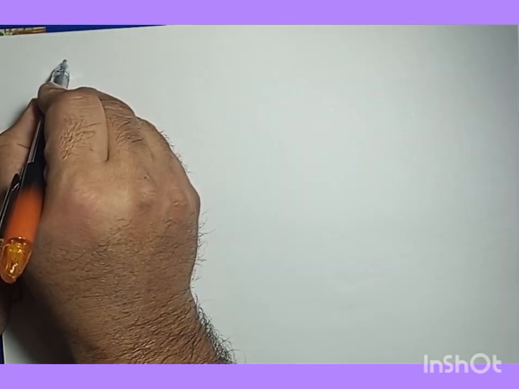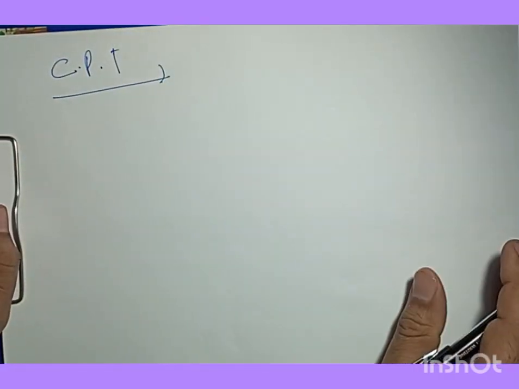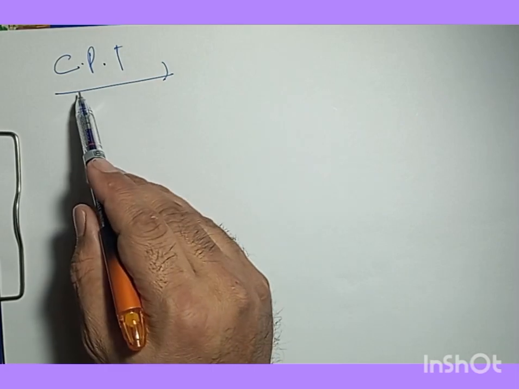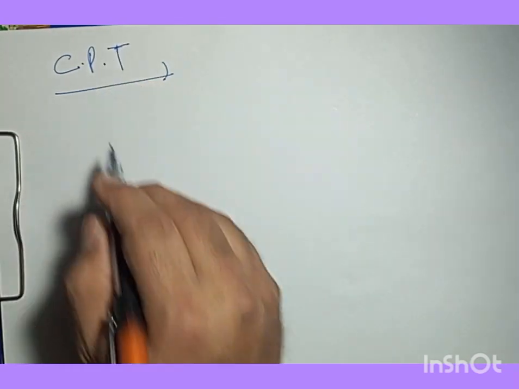Now, talking about the CPT theorem, C is for charge conjugation, P is for parity, and T is for time reversal.